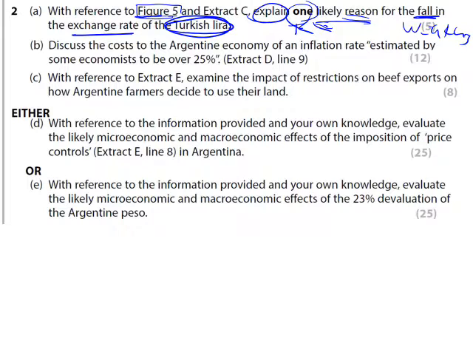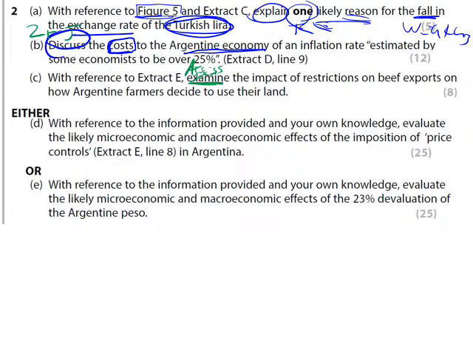The second question is the discuss question here. So this is our 2 sides and a judgment part of it. The next question says examine, which is just the same as assess, so that's just the 2-sided question there. So the previous question discussed the costs, but really costs and benefits, because it's a discuss question, to the Argentine economy.